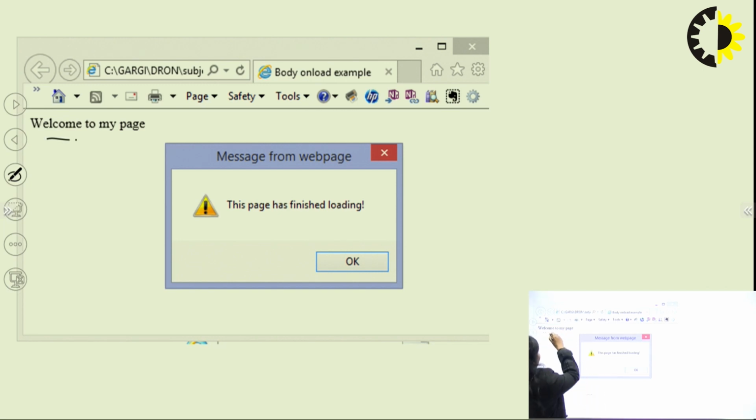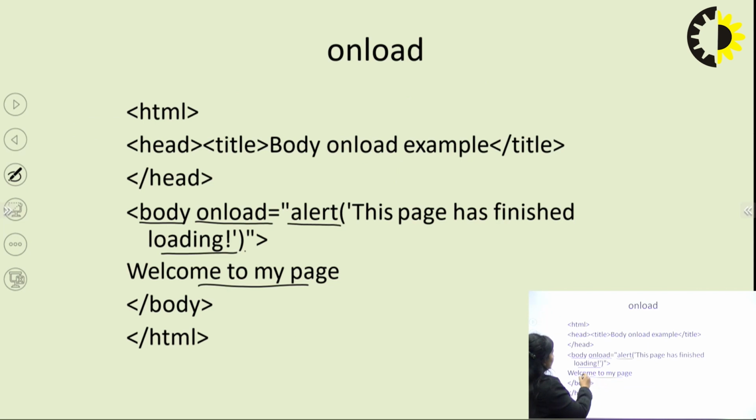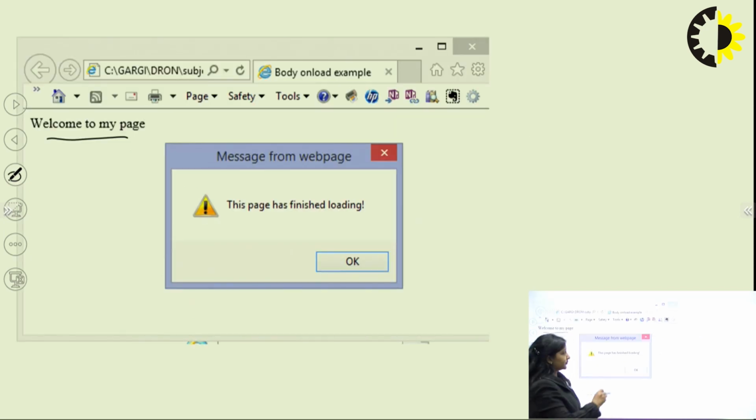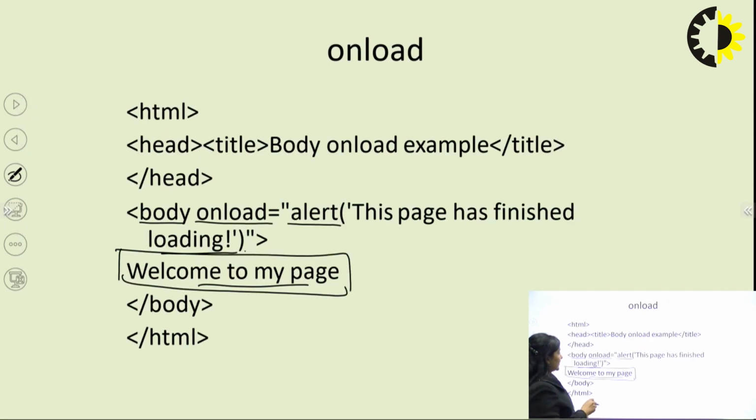So, welcome to my page. This was written over here in the body tag itself. As we know that in HTML, whatever is written in the body tag will be visible on the web page as it is. Okay. So this welcome to my page will be given. This message is coming since on load we are having it as an alert, so it will display as an alert box.